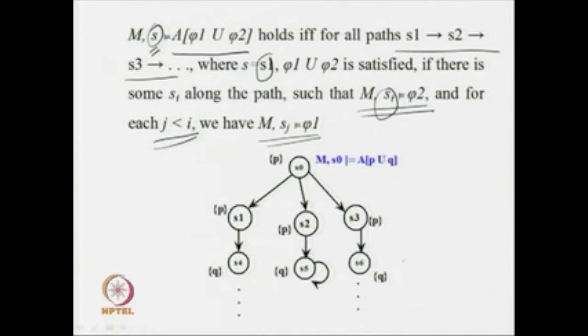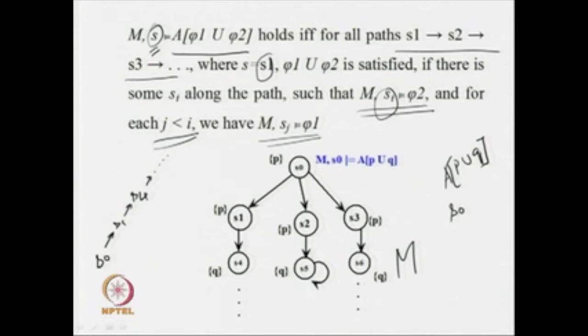Now, just consider this particular model M over here, and we are looking for this particular formula A P until Q in state S0. Now, in this particular case, you just see that if I am having this execution trace something like that, from S0 it is coming to S1, from S1 we are coming to S4. So, we are having an execution trace S0 to S1, S1 to S4, like that it is an infinite path.